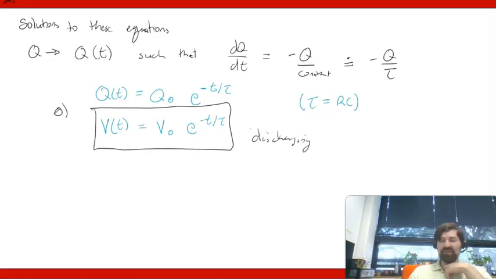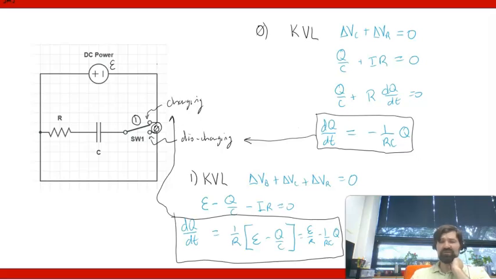For the other one, what you have is an inhomogeneous solution. And the way that you basically solve these is, first of all, you solve for the inhomogeneous part. In other words, suppose Q is constant, right? Well, if that's the case, then dq dt will be 0, and so that constant value of Q has to satisfy essentially that 1 over R times epsilon minus Q over C must be 0.